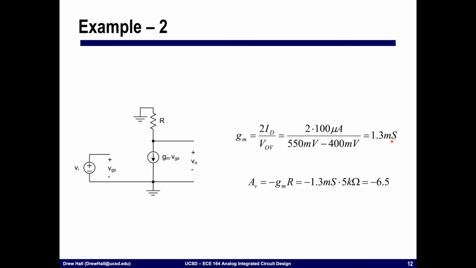The voltage gain is simply minus gm times R. So over here, this transconductor takes gm times VGS, converts this into a current, and this current is reflected back into a voltage through this resistor, exactly like our block diagram that we started out on slide 2. And so the voltage gain is simply minus gm times R, which is minus 6.5 volts per volt.